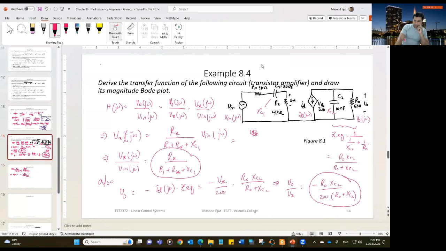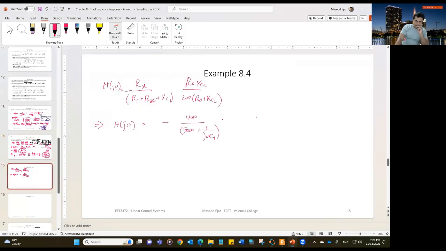R0 is 5K and XC2 of course is 1 over j omega C2. So 5,000 over j omega C2, divided by 200 times R out 5,000 plus 1 over j omega C2.